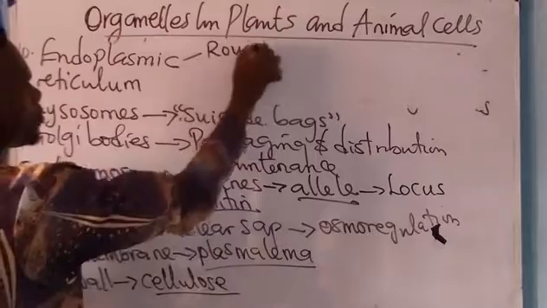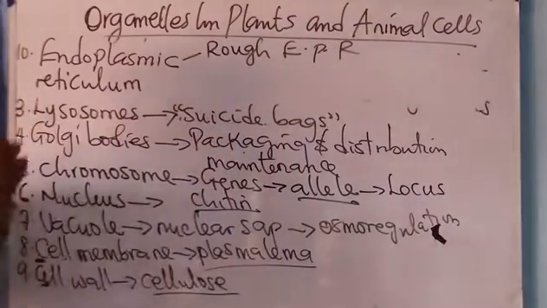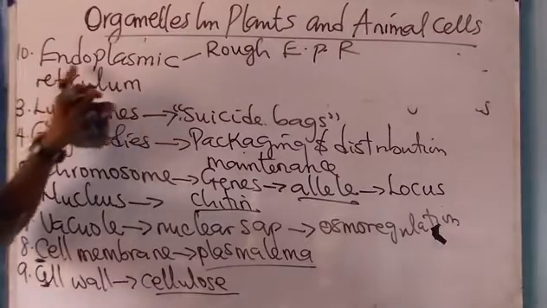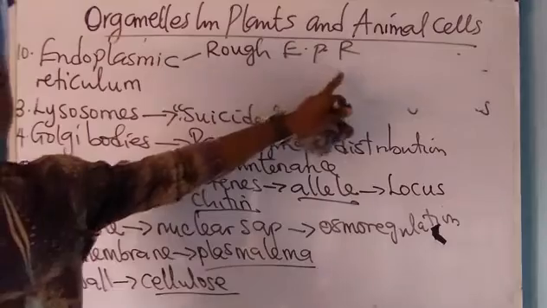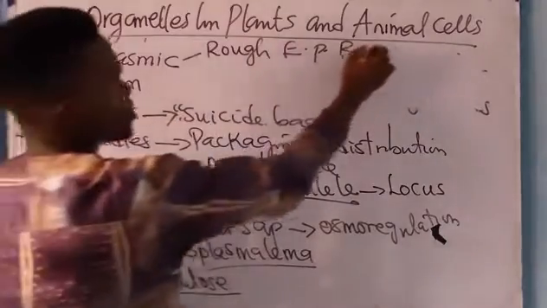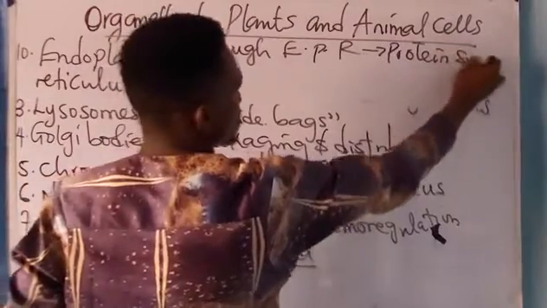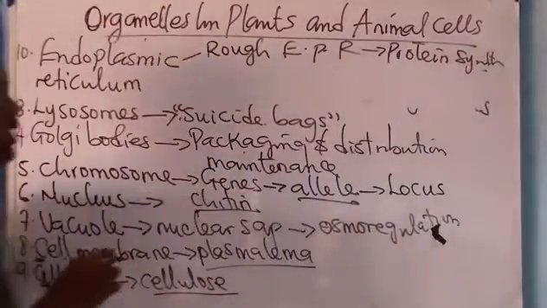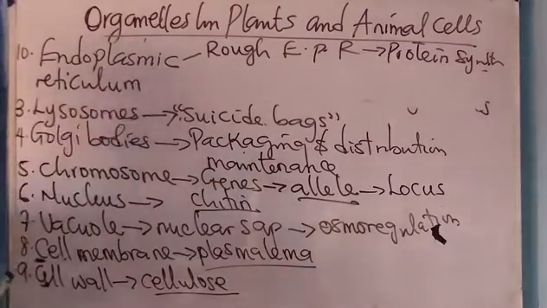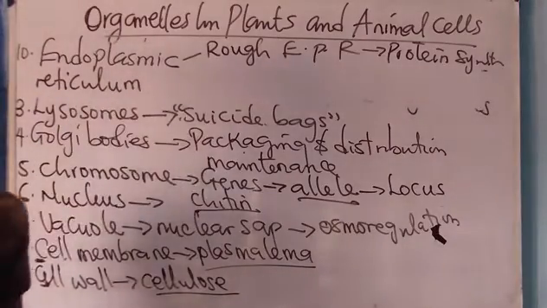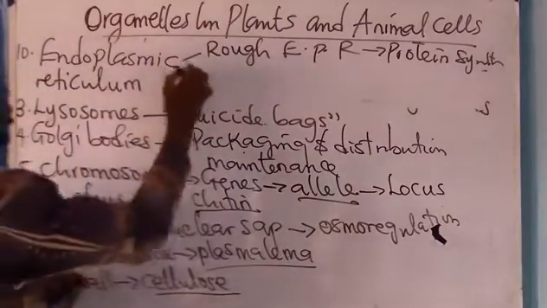Rough endoplasmic reticulum. Now this rough one is responsible for what? Protein synthesis. That is what it does. When ribosomes are attached to the endoplasmic reticulum, you call it rough endoplasmic reticulum. When they are not attached, you call it what?